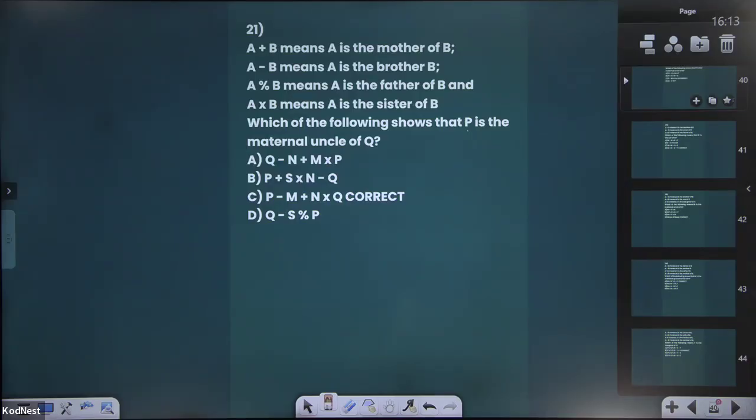If you have to take the drive, you will have to be present in the center. Saturday, Sunday will be the drive, and the client is coming to the center, so they will be taking it face to face only. Virtual is not allowed.